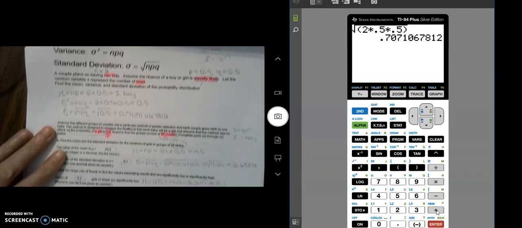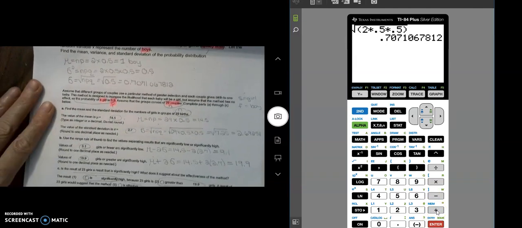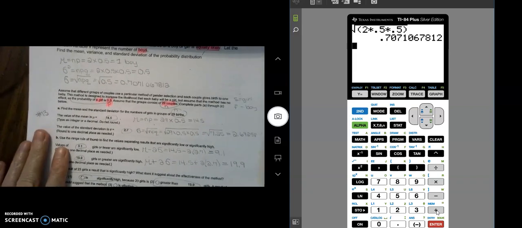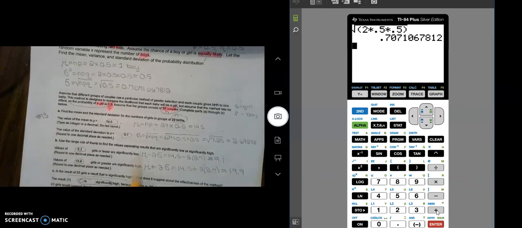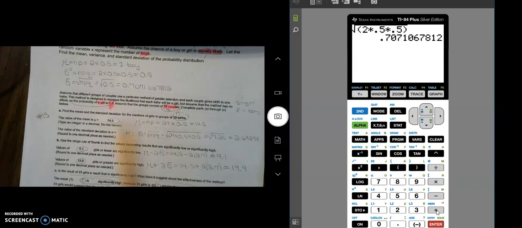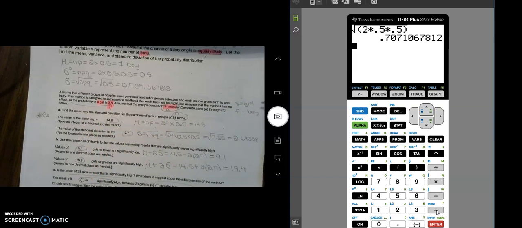Okay, let's go down to this one from the homework here. I wrote down number 13. I hope that's correct. So very similar. You could pause this if you need to, but they're talking about 29 couples having children. The probability of a girl is 0.5. So a success in this case is a girl. Failure is a boy. Again, it just depends on whichever one they ask for.